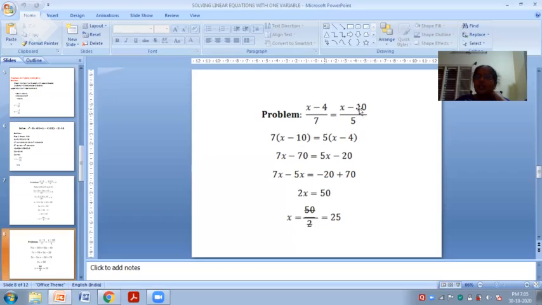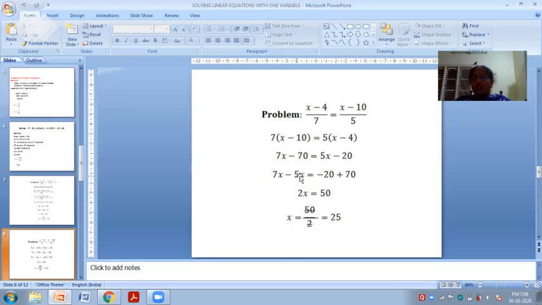Therefore, 7 into x minus 10 and 5 into x minus 4. 7 into x is 7x, 7 into minus 10 becomes minus 70. Similarly, 5 into x is 5x, and 5 into minus 4 becomes minus 20. The x's are transferred to one side. 7x, this becomes minus 5x when transferred to this side.